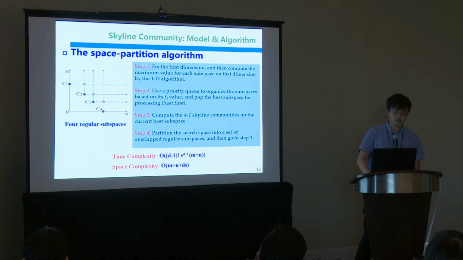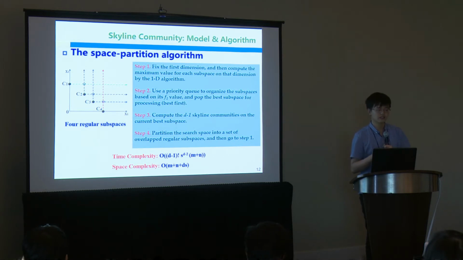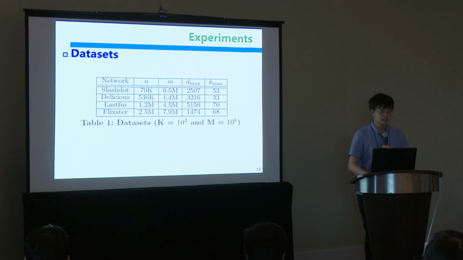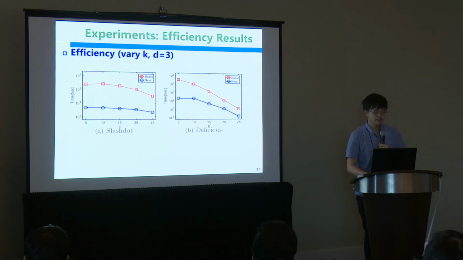So this algorithm's time complexity is much better than the basic algorithm, but it has more space complexity. Here is a trade-off of the traditional problem. Our experiment is on 4 data sets.